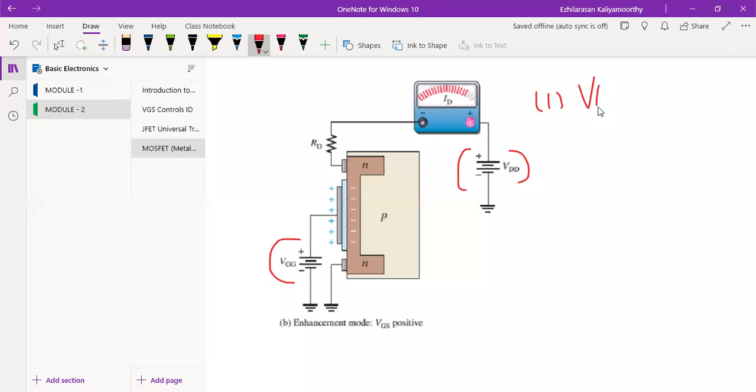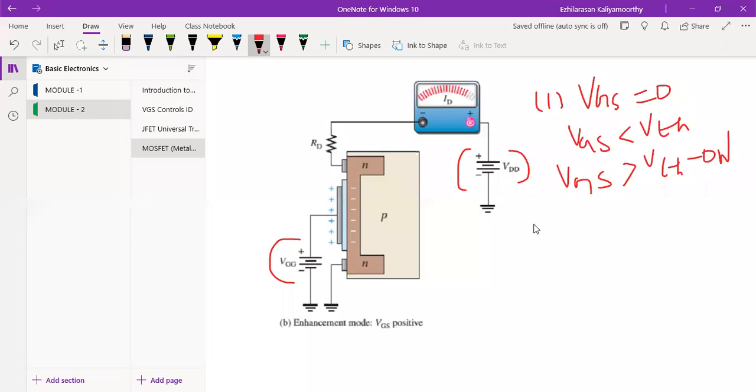There are conditions. First condition is VGS equal to 0, which means VGS is less than VTH, so the device will not conduct. The device will conduct only when VGS is greater than VT, the threshold voltage. The second condition: VGS minus VT should be greater than VDS, then it will be in the linear region.